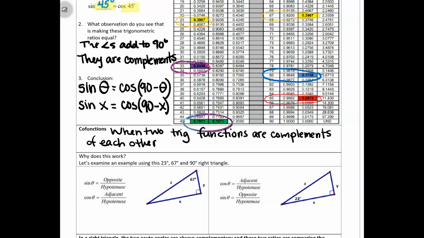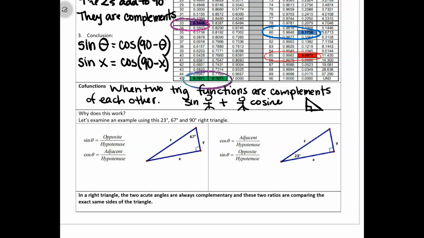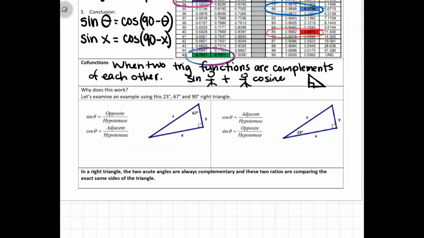It's just kind of like they're buddies. They're friends. They are complements. So if this right here is sine, this right here is cosine, then they are going to add up and be complements. Now remember, this is only dealing with the acute angles of a triangle. So now let's look and see why this is working in this next little piece.